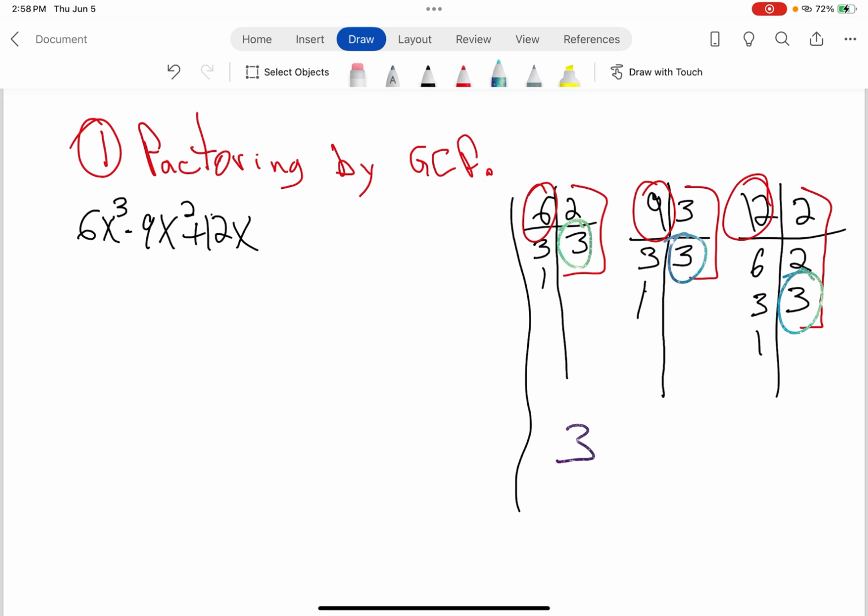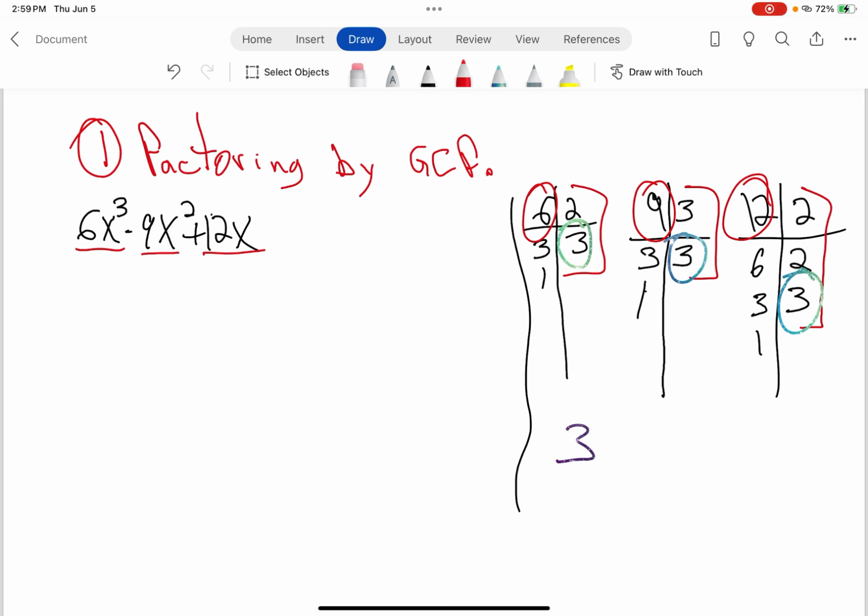But you don't finish there because you're missing the greatest common factor in terms of variables. In terms of variables, it is easier. You have those three terms, 1, 2, and 3. You're done with the numbers, so now use the variable, in this case x. To find the greatest common factor, you just have to see which x has the lower exponent.